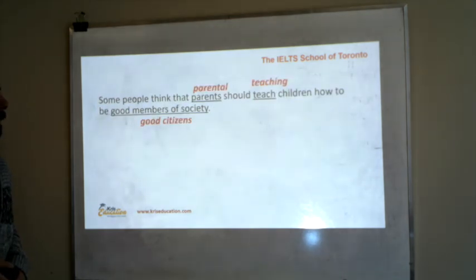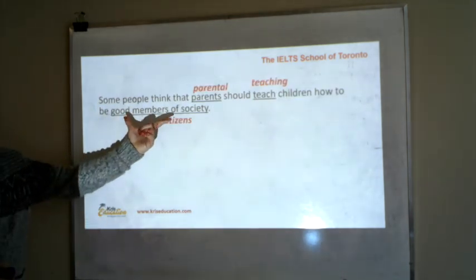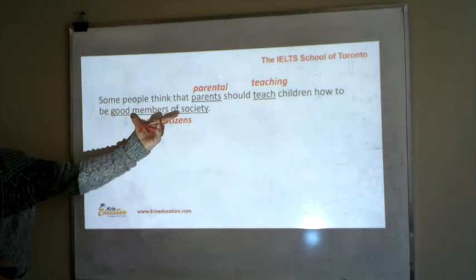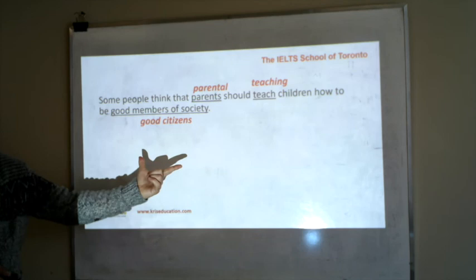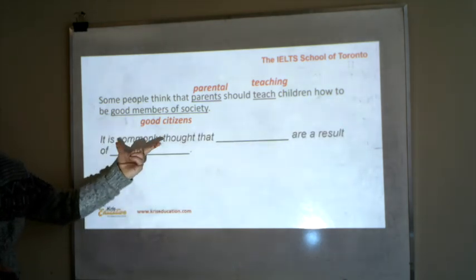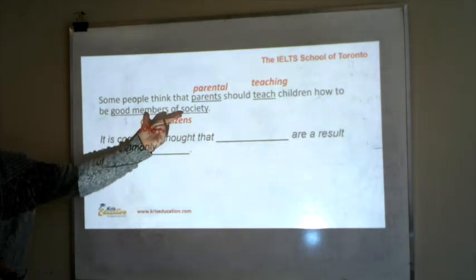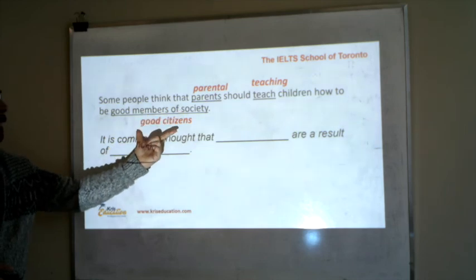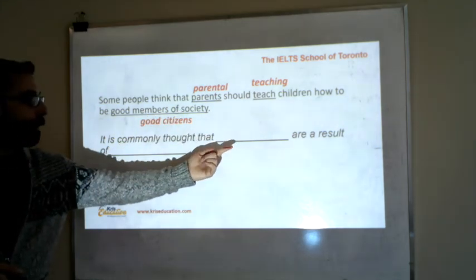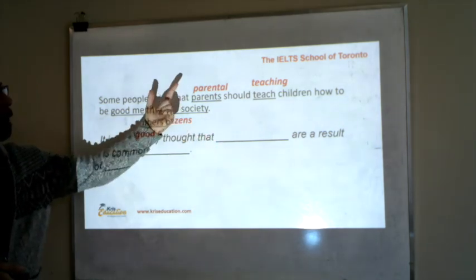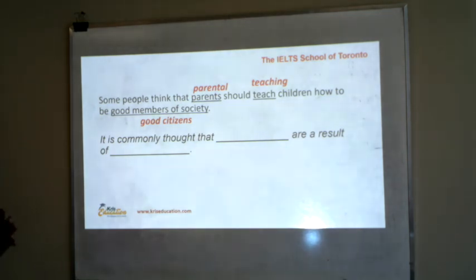So if you go back here, the last part of the IELTS sentence becomes actually the subject of your sentence. So it is commonly thought that this is the last part. Then you just put it in here, that good citizens are a result of parental teaching. So switching the position, playing with the position, can be one way of writing the introduction.